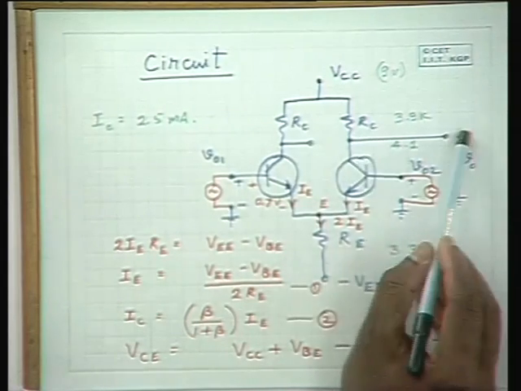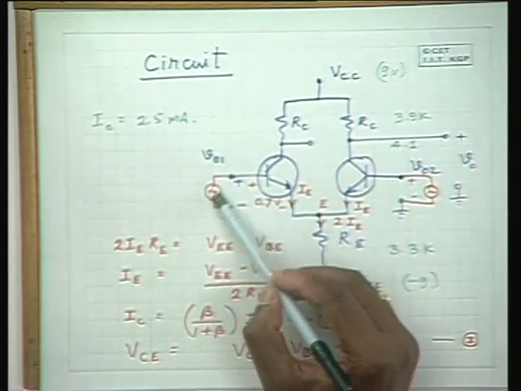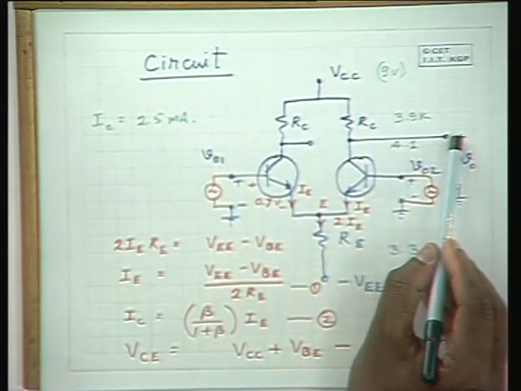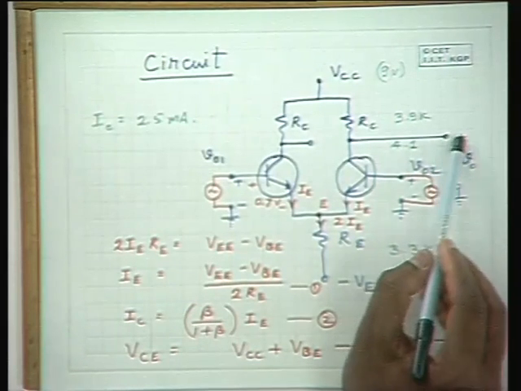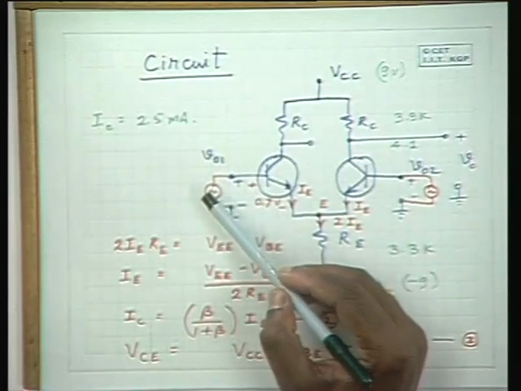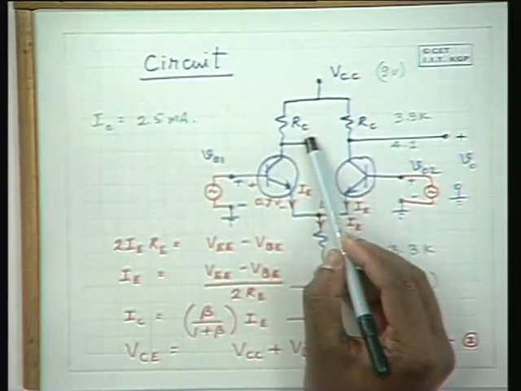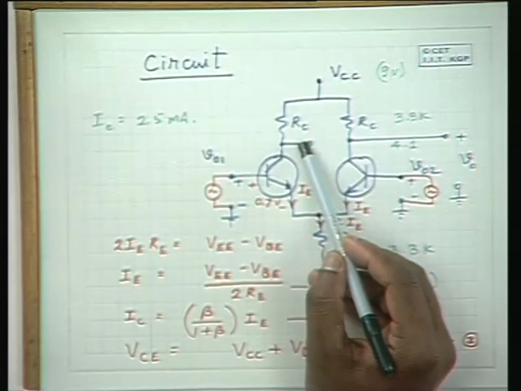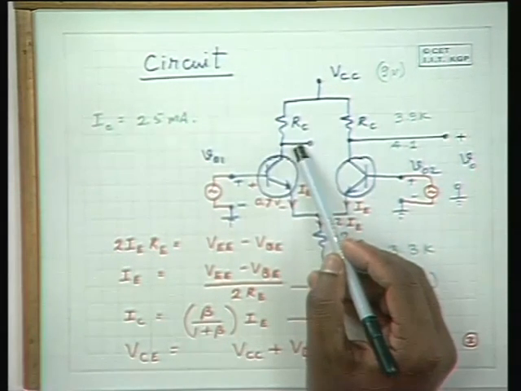So if you tap this as the output and apply a signal here, you will get a positive gain. On the other hand, with this as the input and this as the output, you will have negative gain, as we have discussed in the common emitter amplifier earlier.